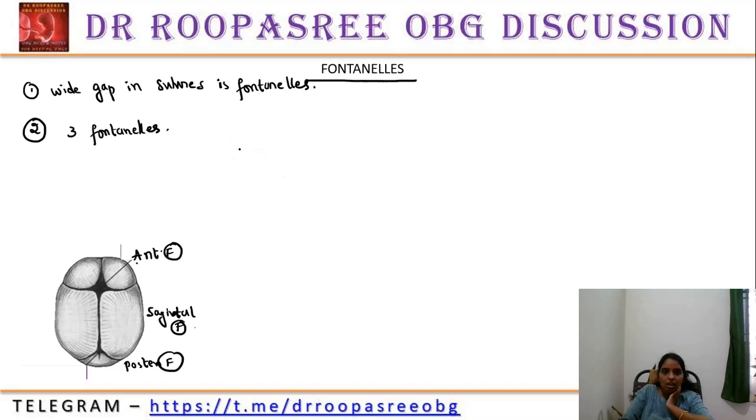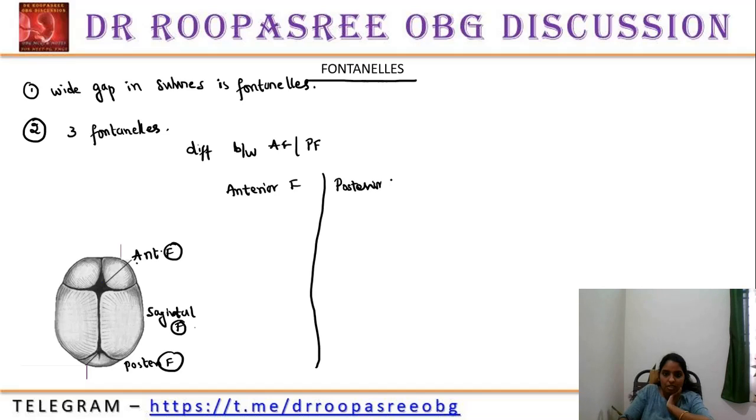We'll speak about the differences between the anterior and posterior fontanelle. Therefore, this is the anterior fontanelle and this is the posterior fontanelle. Okay. Anterior fontanelle is also known as bregma. See, it is bregma, anterior fontanelle. It is diamond shaped.